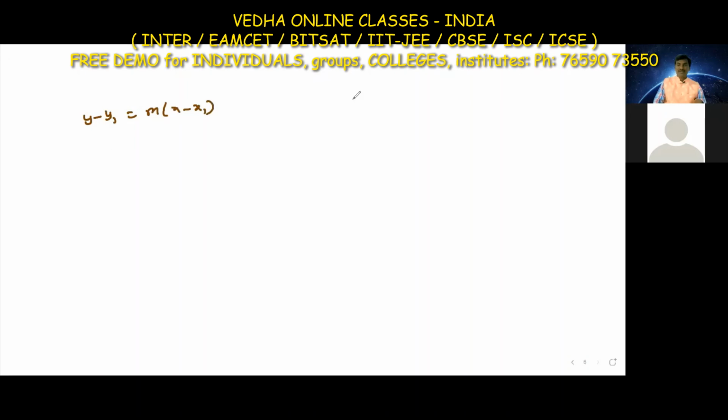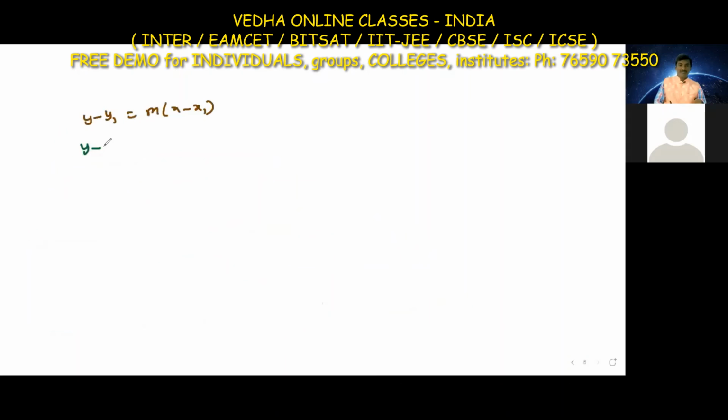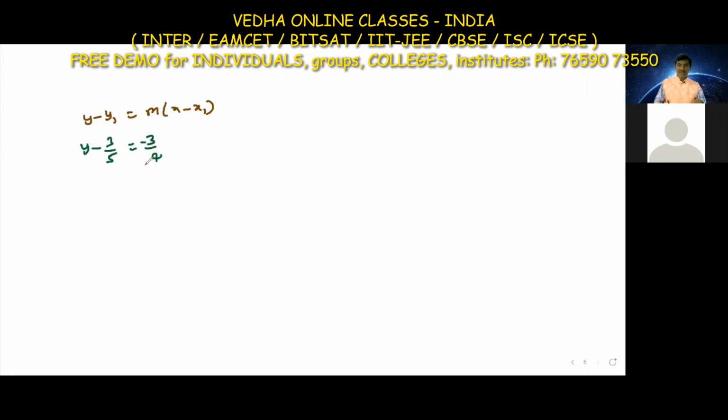If we substitute the values, y minus y1: what is y1 here? 3 by 5 is y1, and minus 3 by 4 is the slope, and x1 is 21 by 5. So y minus 3/5 equals minus 3/4 into x minus 21/5.